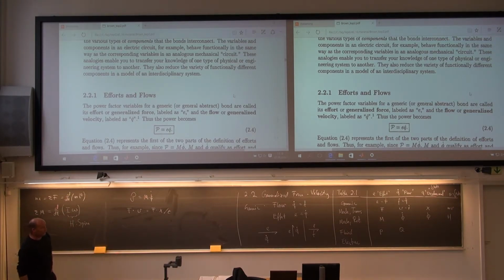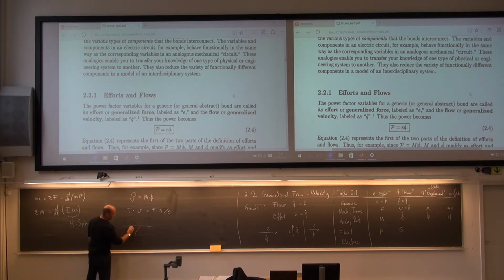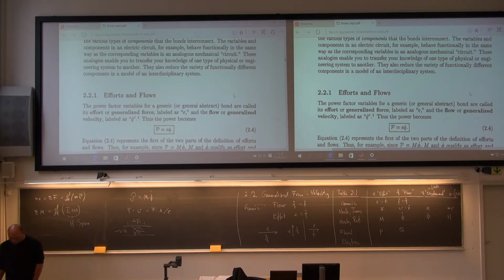What about fluid? Say you have a pipe here, and inside this pipe here we put in a pump of some sort. Then we will have a pressure difference, an increase in pressure through this pipe system if there's volume flow going through it. What is the power here? Well, the force you can think of as pressure multiplied with this area.